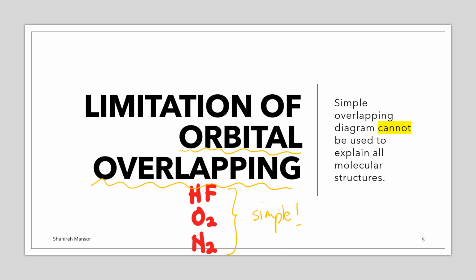Tapi in some other molecules yang lain, we cannot use this orbital overlapping untuk nak explain the formations of their bonding. So to overcome this problem, maka kita akan study satu lagi konsep iaitu hybridization.